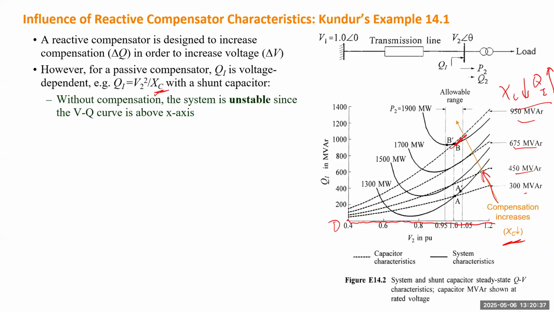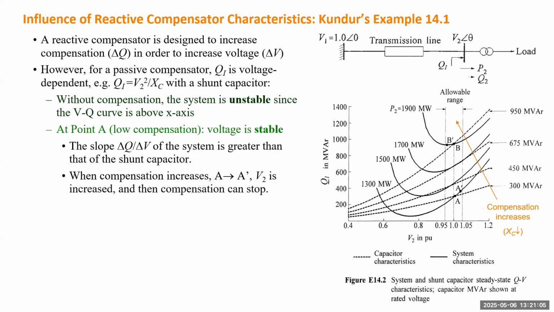So when the system has no injection, the VQ curve doesn't intersect with the x-axis, right? There's no intersection point. The system cannot be stable. So you have to inject certain Q. If it's an ideal QI, you just draw a horizontal line, but now it's not ideal. It's actually a quadratic line.